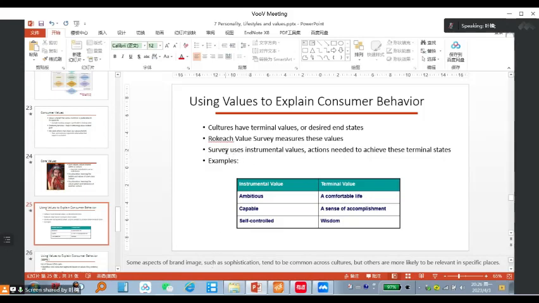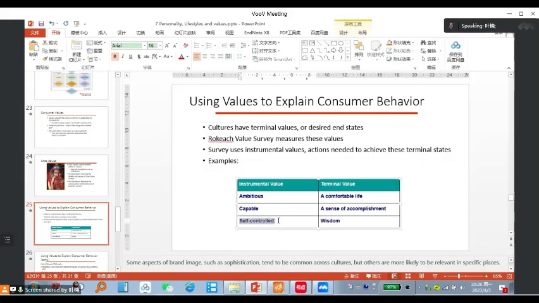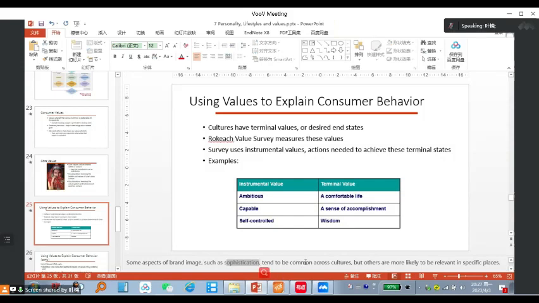And usually we use instrumental values in surveys, the actions needed to achieve the terminal states, such as self-control and wisdom. Some aspects of a brand image, such as sophistication, tend to be common across cultures, but others are more likely to be relevant in specific places.